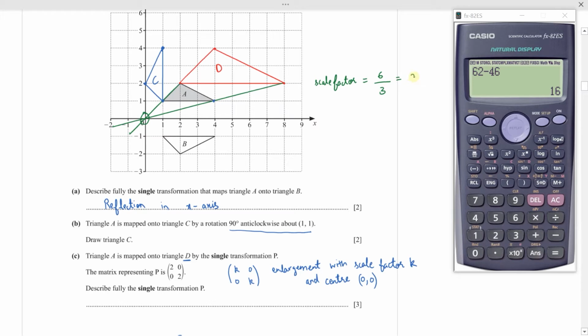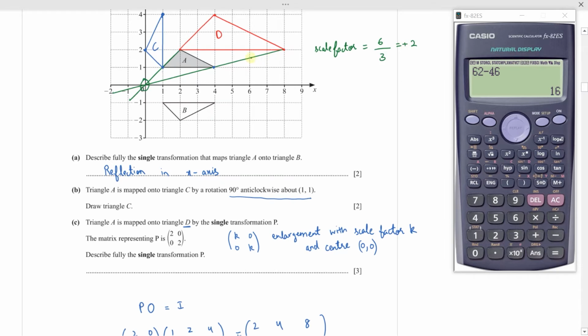So your scale factor is 2 with a positive sign because both the object and the image are on the same side of the center of enlargement. If triangle D was somewhere here on the opposite side, then you would add a negative sign to your scale factor. But since both are on the same side of the center of enlargement, your scale factor is positive.